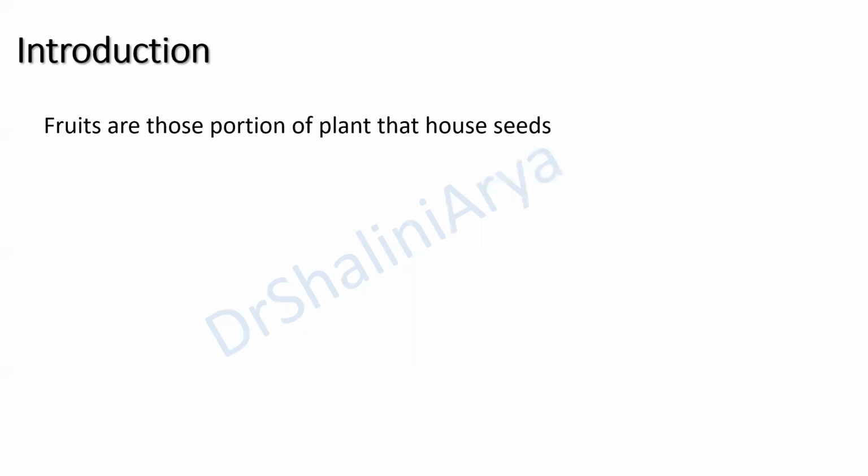Botanically, fruits are those portions of plants that house seeds. What are fruits? Fruits are those portions of plants that house seeds. Therefore, there are vegetables which house the seeds, but they are called vegetables.